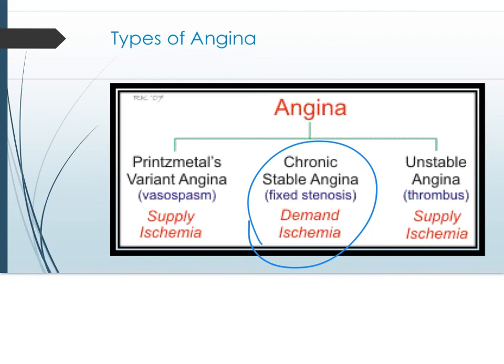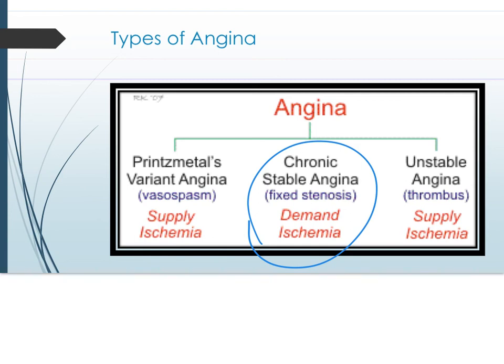Someone who has chronic angina means that they have chest pain that is intermittent, but it is predictable. So for instance, I'm going to walk up this flight of stairs. It's going to cause me to have chest pain. I'm going to sit down. The supply and demand are going to equal out, and my chest pain is going to go away.